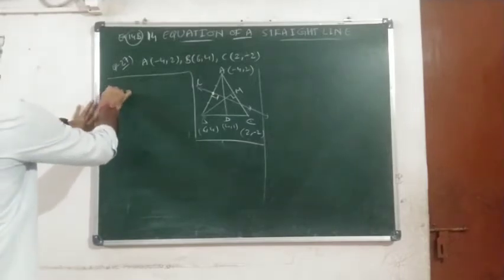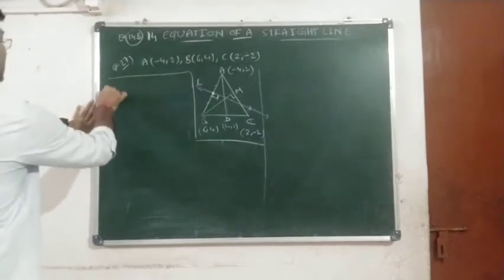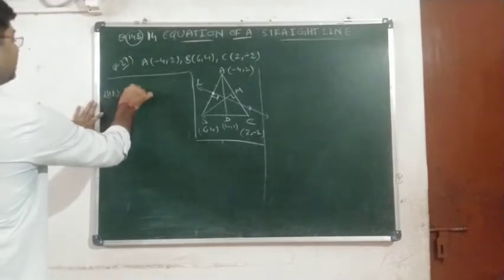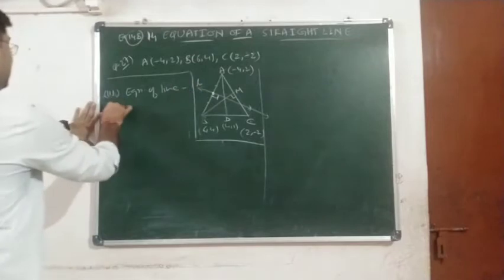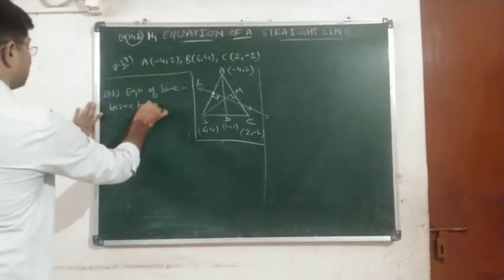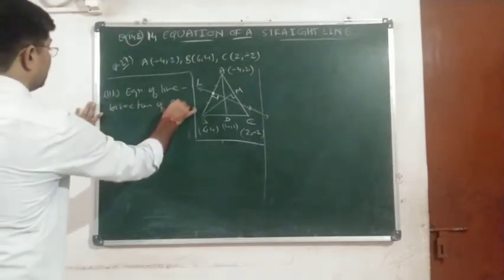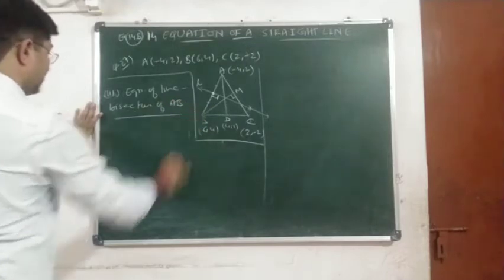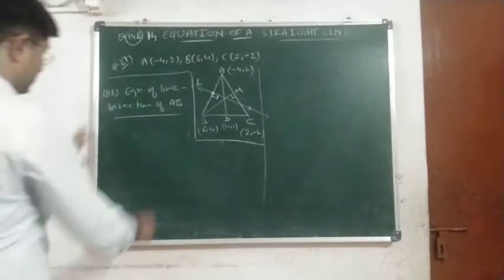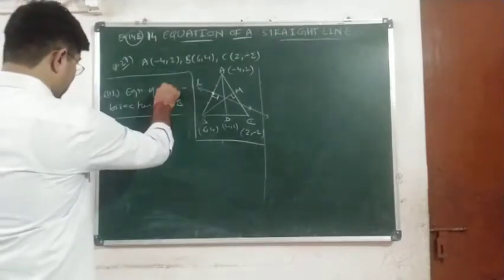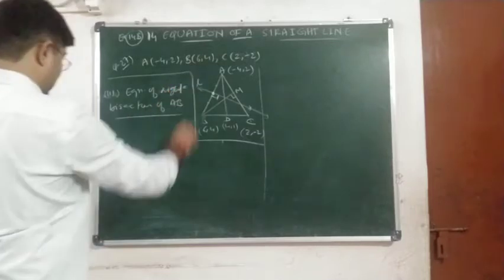Okay, now the third part is equation of right bisector of AB. Rather than writing line bisector, we will write right bisector.